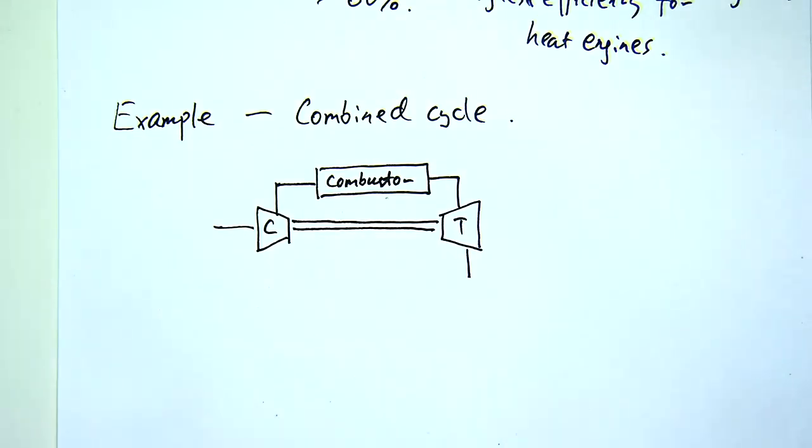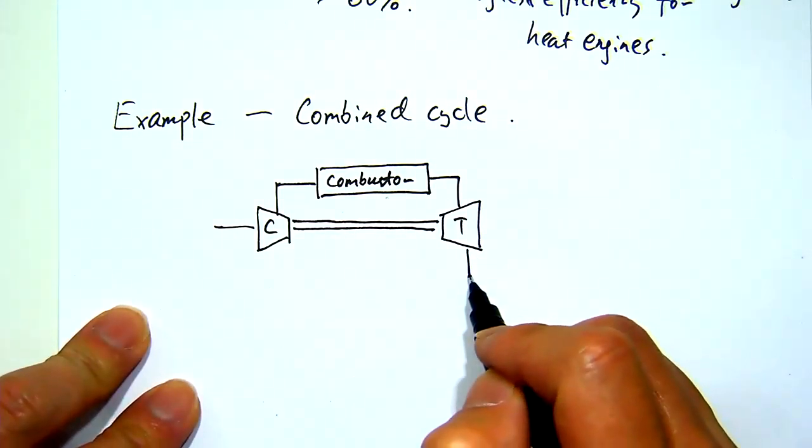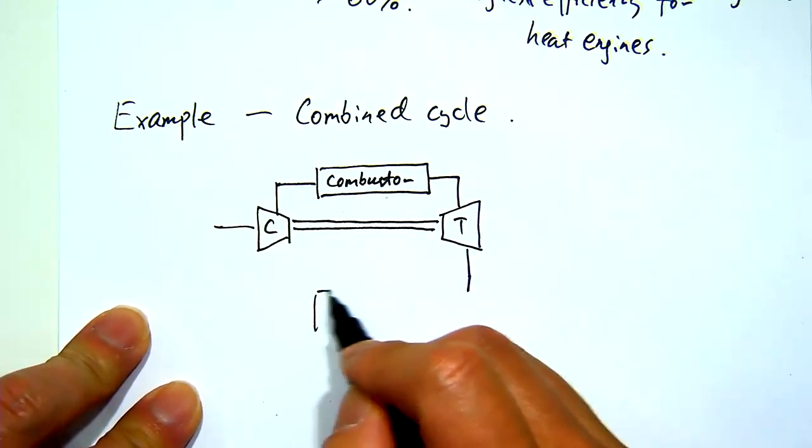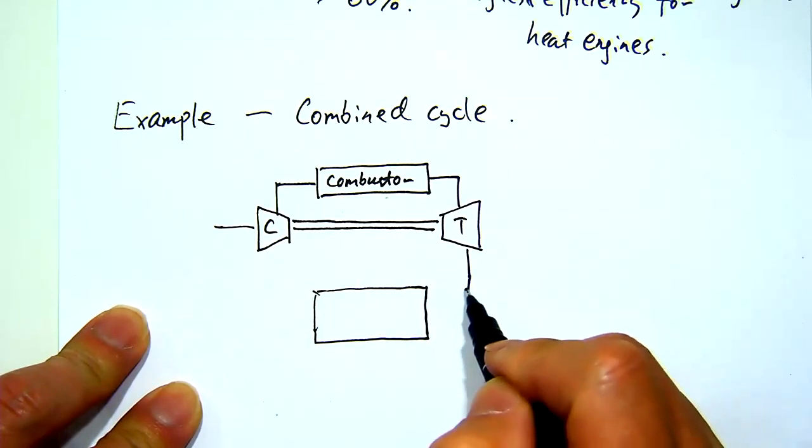Basic Brayton cycle, and the exhaust is being used for some purpose. So let's put the heat exchanger there.